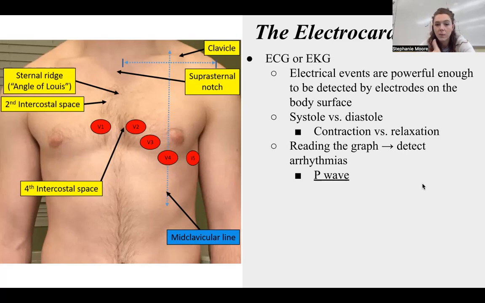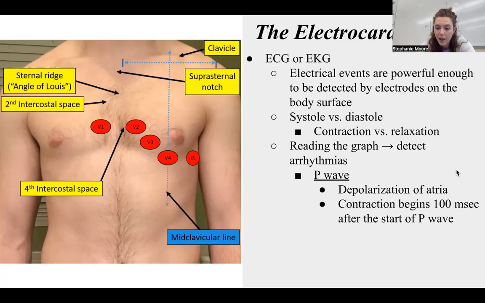So the first one is going to be the P wave, and that P wave mimics depolarization of the atria. And about halfway through, contraction of the atria occurs, all within the P wave. So that little first blip, P wave, depolarization of the atria, atrial systole.